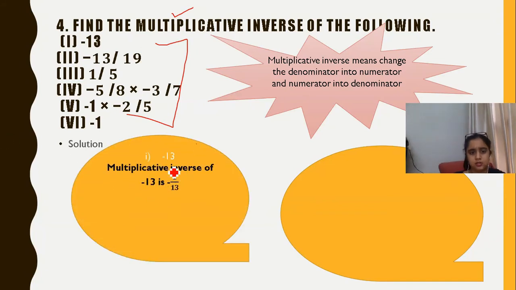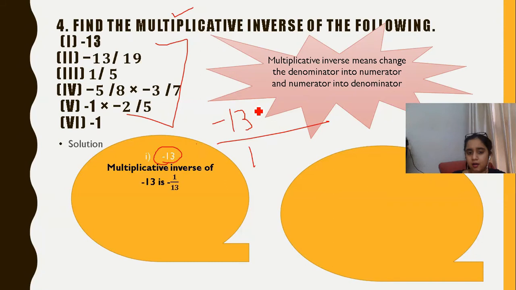Solution is, suppose my question is minus 13. Can I write minus 13 just like this, minus 13 upon 1? I think everyone knows what the numerator and the denominator are, and if you don't know about the numerator and the denominator, then please go to my first video, fractional numbers, where I have told you about the numerator and the denominator values.